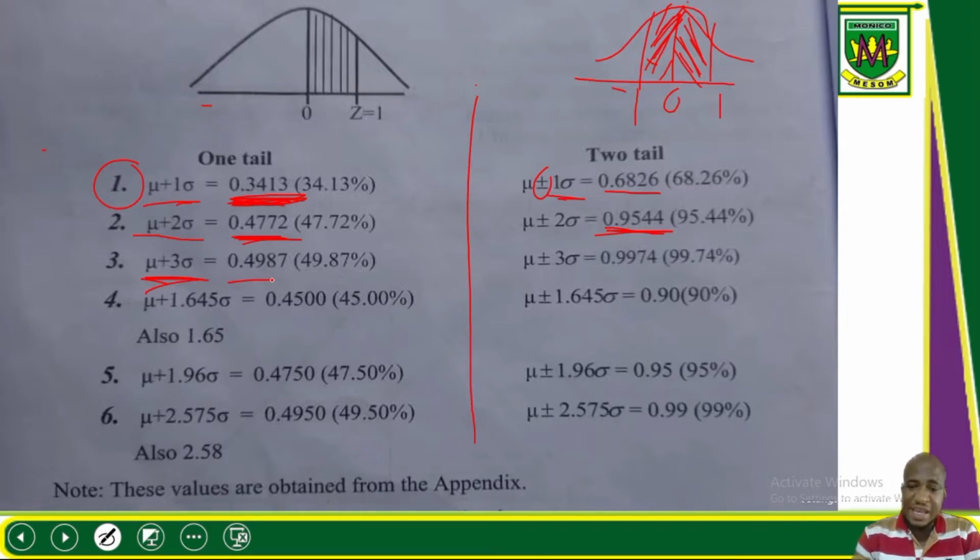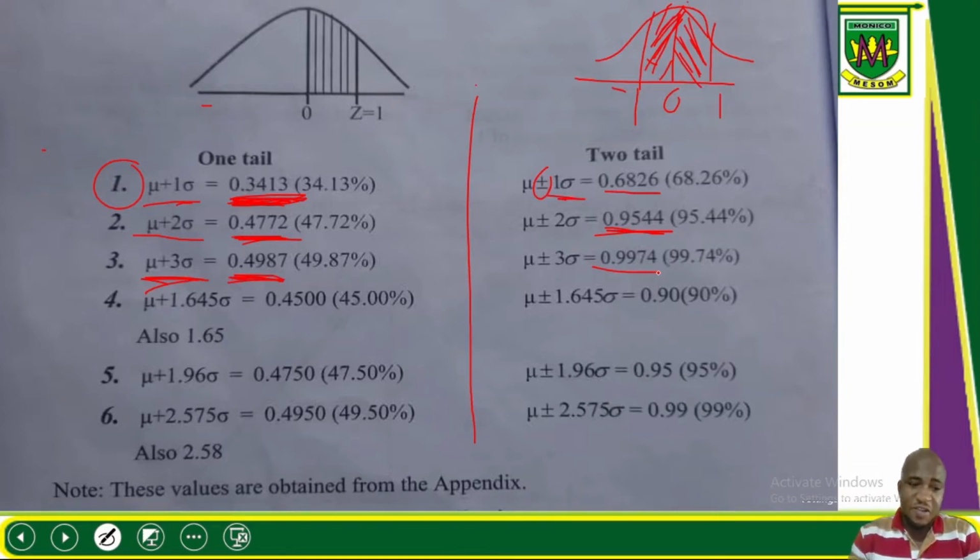And I said anytime it is two-tailed, you add what you got for the one tail to itself. So you have 0.4987 plus another 0.4987, and this will give you 0.9974. This is what the two-tailed direction will give us.